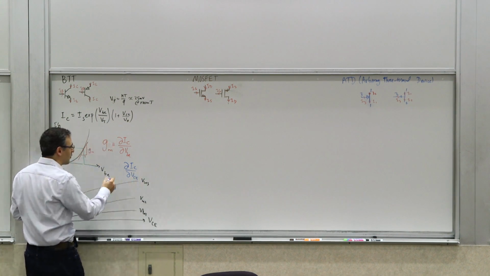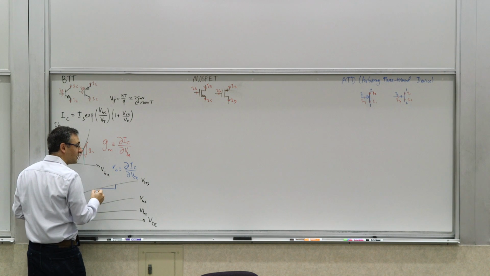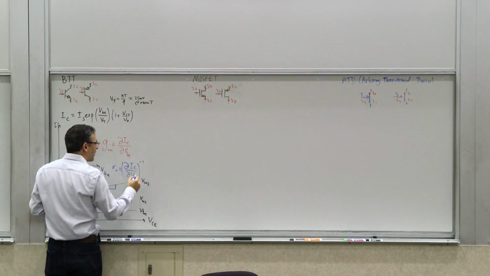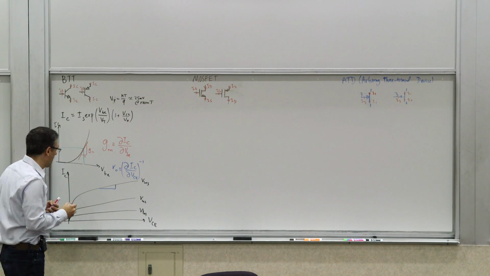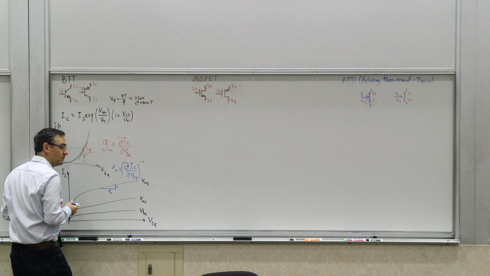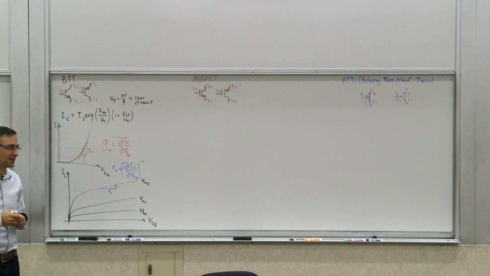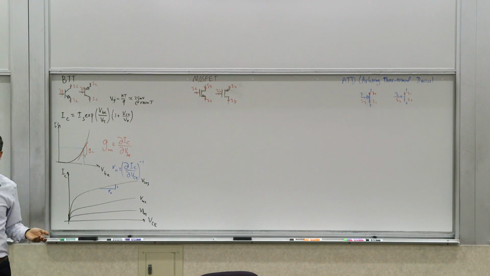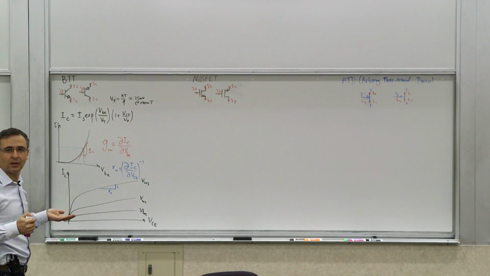And we've defined this before, and this is basically defined as RO, the output resistance, or more accurately, 1 over RO. RO is 1 over that. So this slope is really 1 over RO, because this is I over V, not V over I. So it's a conductance. It's GO, if you will.